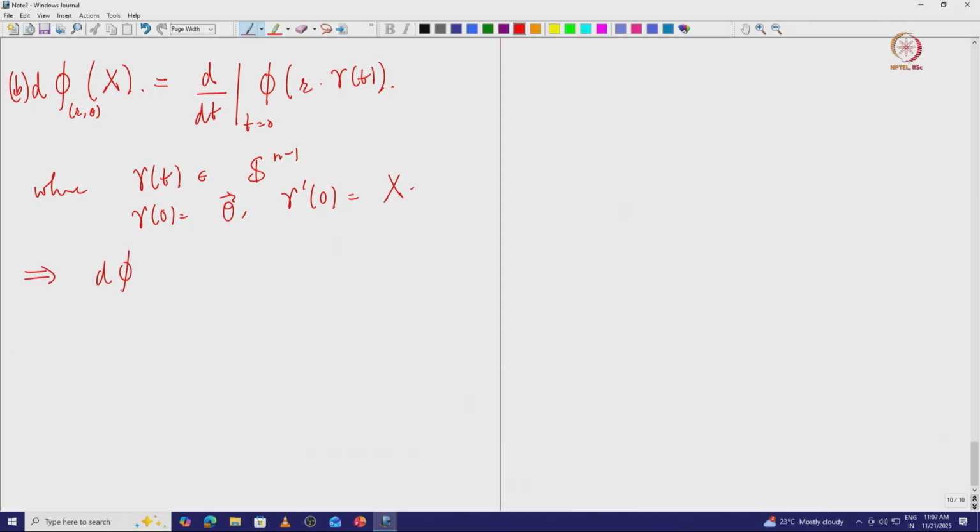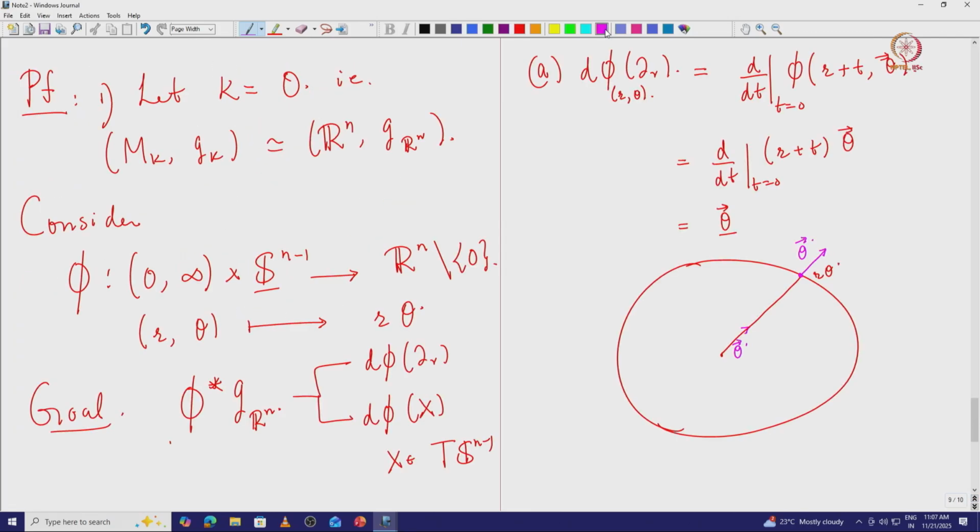But then that just implies that if you differentiate, this is just going to be r times the derivative at 0, which is x, right. Okay, so again in the picture you have the unit sphere here, you have some tangent vector x.